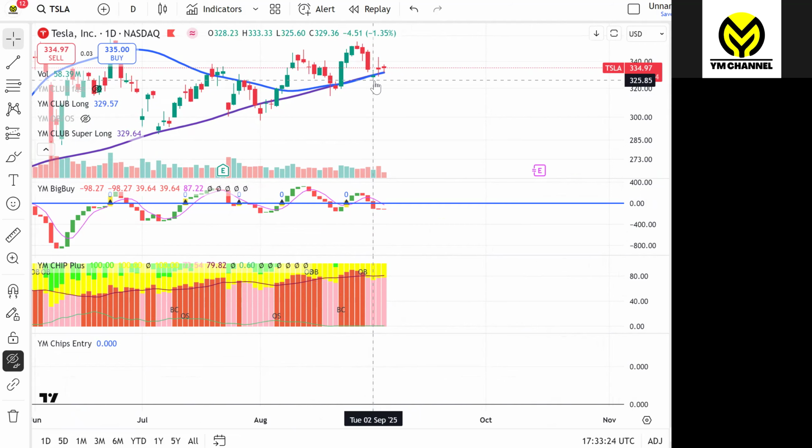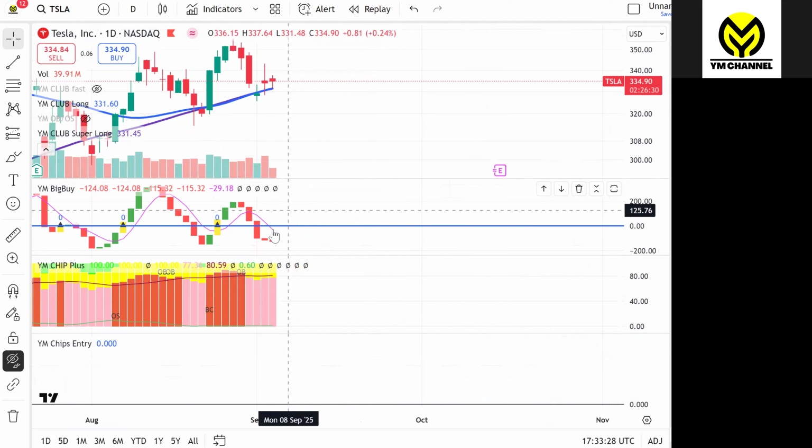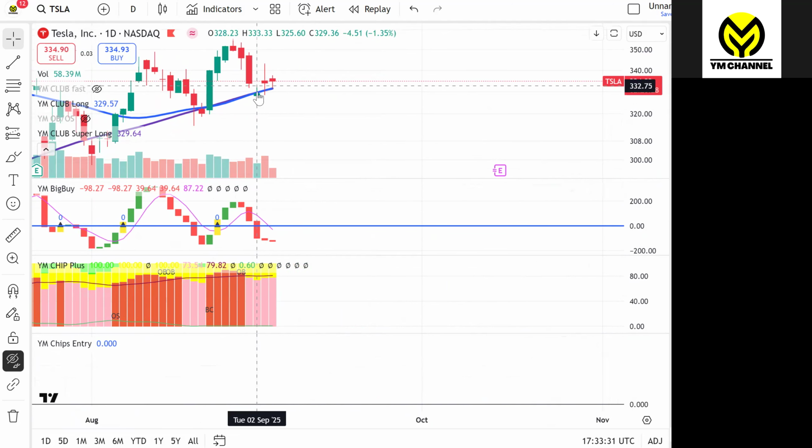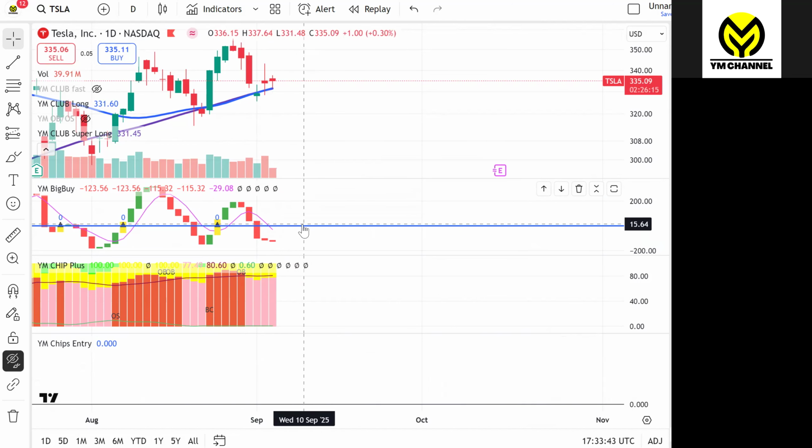But this candle is basically doing the opposite. Although the price is going up, the money seems like it's going out a little bit. The money is still not yet above the average. This is the big volume trade. The red is net sell, and below zero is weak. So you need to be a bit alert.